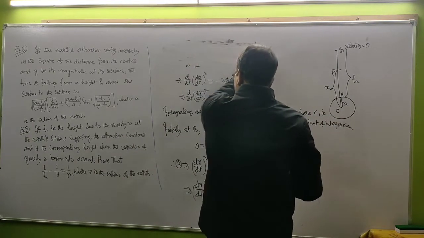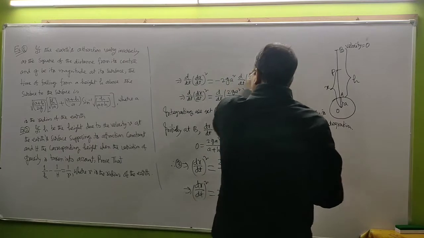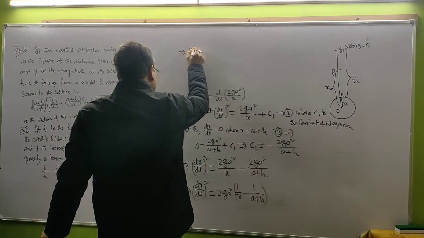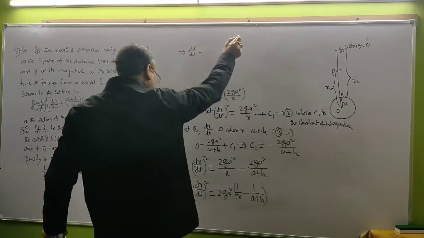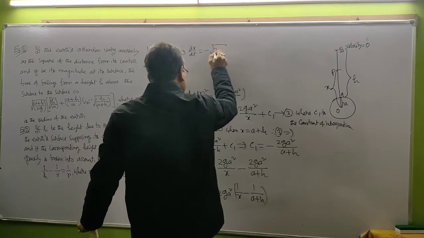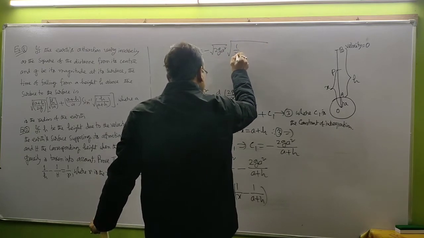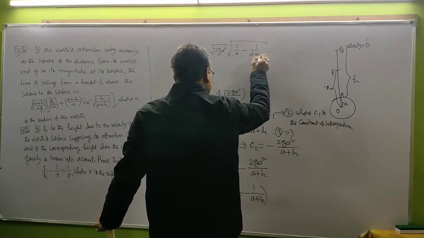Let me write like this. This means dx by dt equal to minus root over twice g, root over 1 by x minus 1 by a plus h.